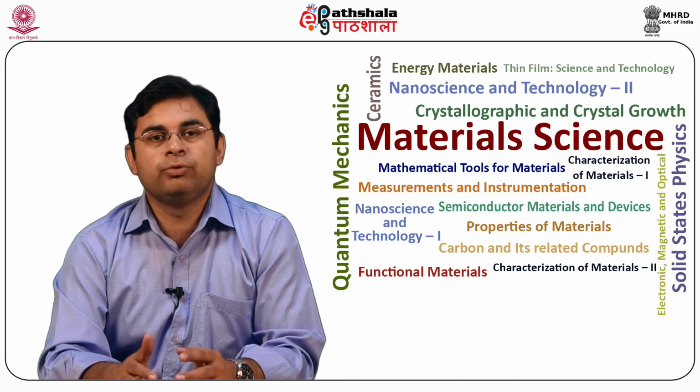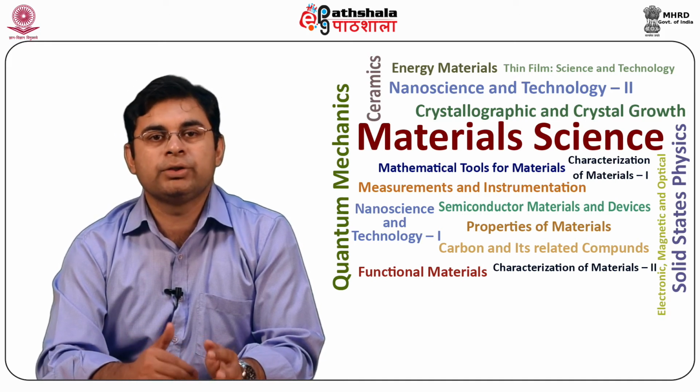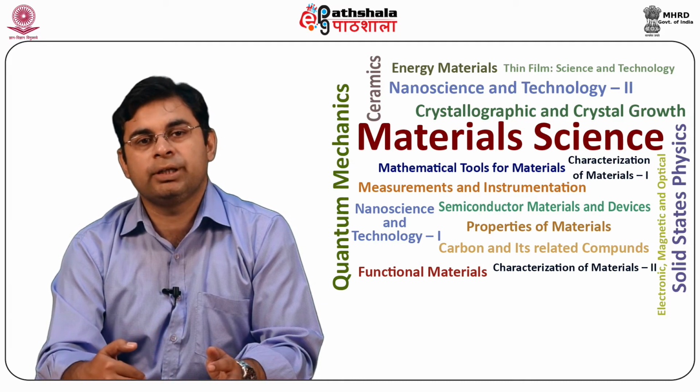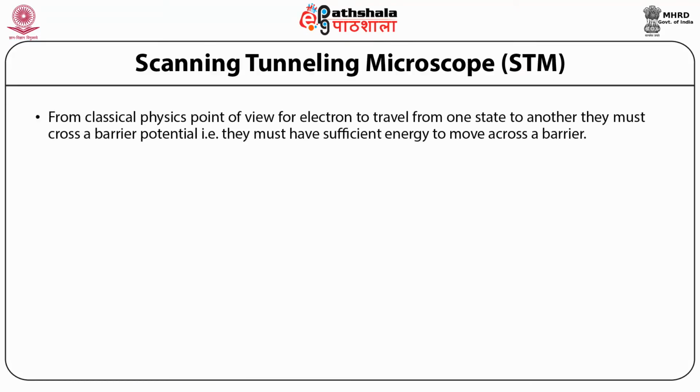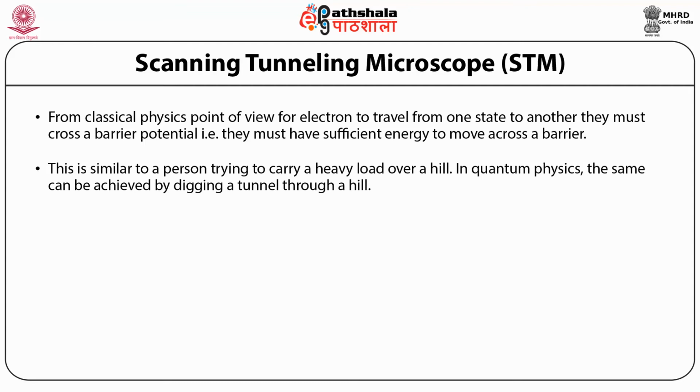Before we move ahead, it is important to understand the concept of tunneling from the classical physics point of view. For an electron to travel from one state to another, it must cross a potential barrier. That is, it must have sufficient energy to move across the barrier. This is similar to a person trying to carry a heavy load over a hill.